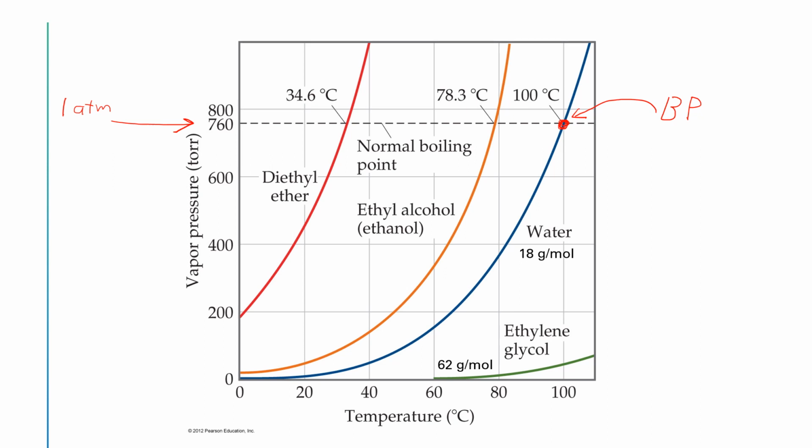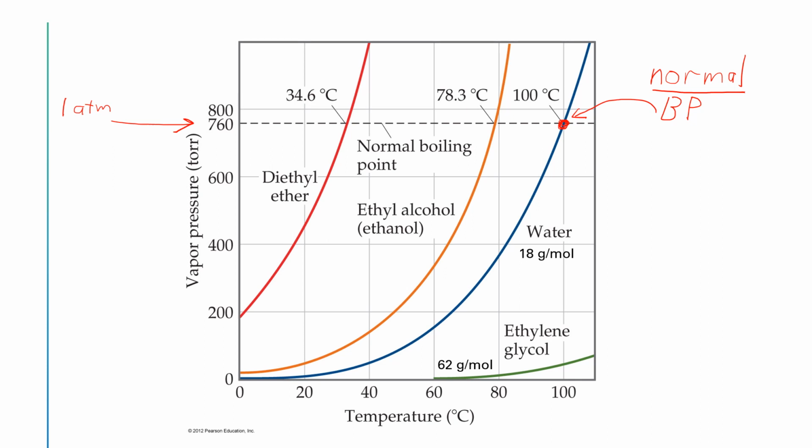And if the applied atmospheric pressure is normal atmospheric pressure, 1 atmosphere, 760 millimeters of mercury, we call that the normal boiling point. So adding that word normal has a specific connotation. Normal means the temperature at which the substance boils when the pressure applied to the substance is 1 atmosphere.